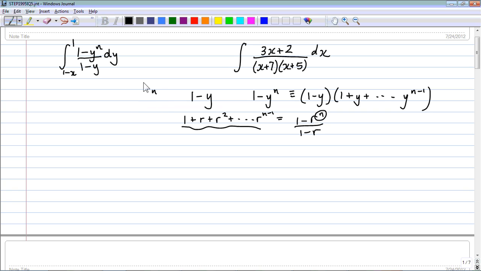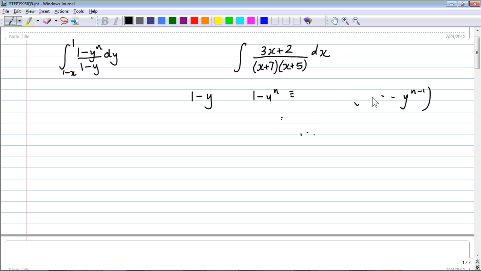So that knowledge should be well within your grasp, but it's very common for people just not to notice that they can solve the integral in that way, because obviously that means that the ratio (1 minus y to the n) over (1 minus y) is just the geometric sequence itself.